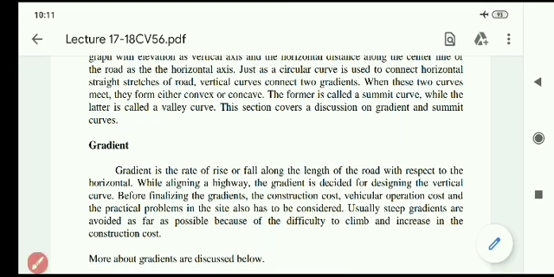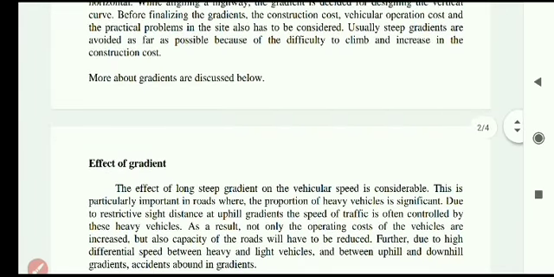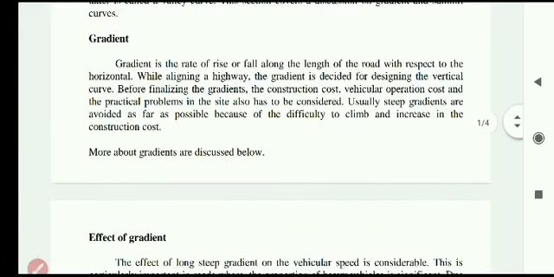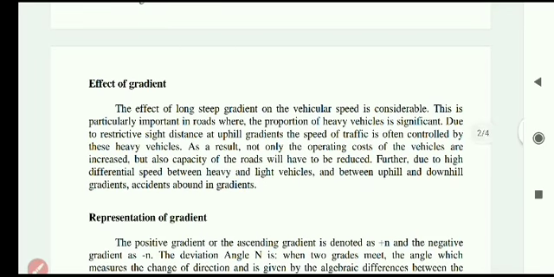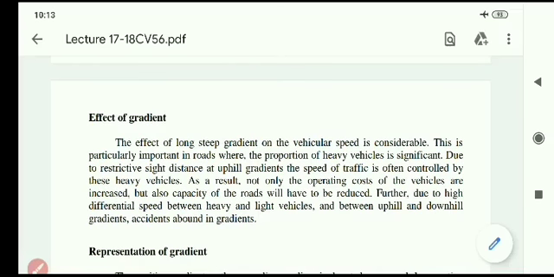Now we will look at the different types of gradients. But before that, I would like to discuss the effect of the gradient. The effect of a long steep gradient on vehicular speed is considerable.